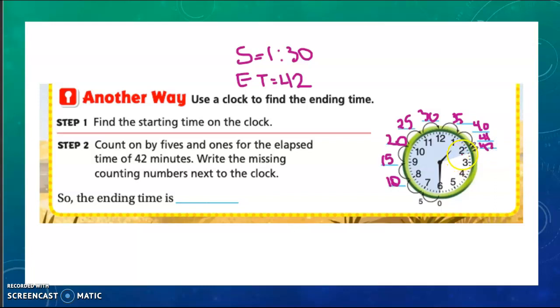So my hour hand would be at 2, and my minute hand would be at 12. So my ending time will still be the same as 2:12.